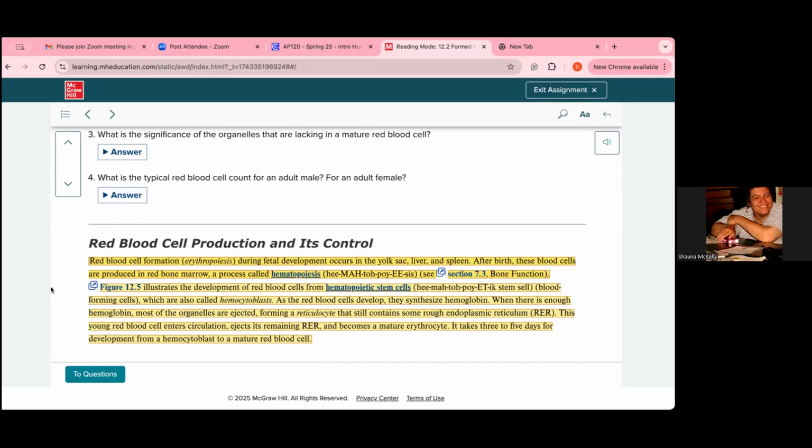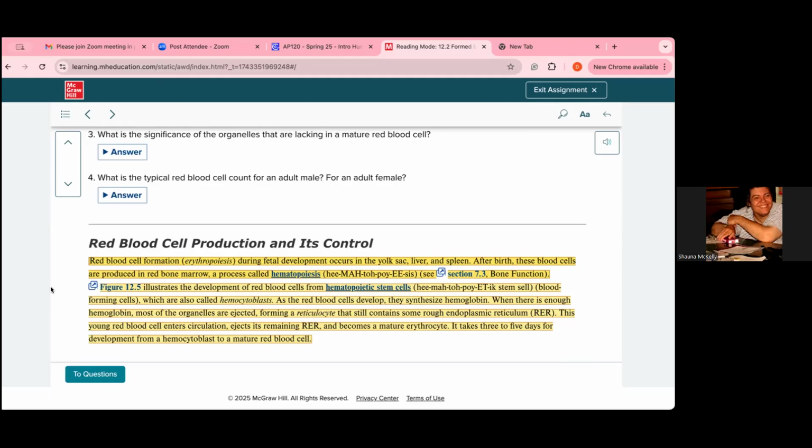Red blood cell formation, erythropoiesis. Erythropoiesis during fetal development occurs in the yolk sac, liver, and spleen. After birth, these blood cells are produced in red bone marrow, a process called hematopoiesis.